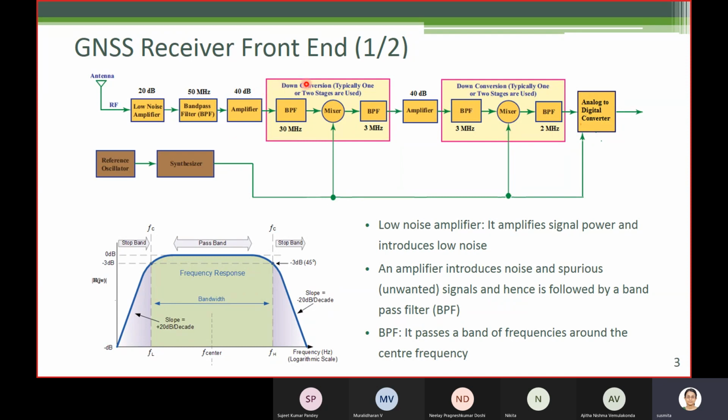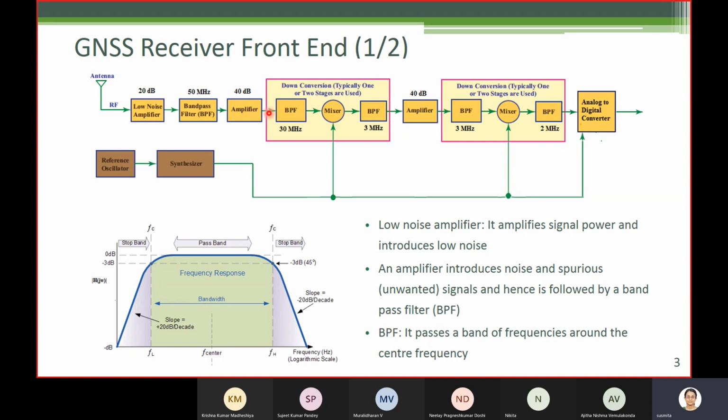Today we'll look at the down conversion stage, where the gigahertz level carrier frequency is down converted to a few megahertz. In this configuration, this is done in two phases. At this point, the carrier frequency is gigahertz. We are talking about CA code processing. In case of GPS, it will be the 1.5 gigahertz L1 carrier frequency.